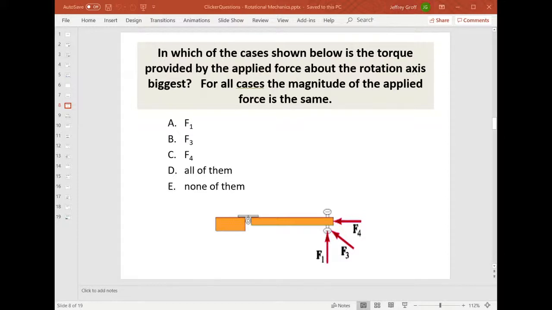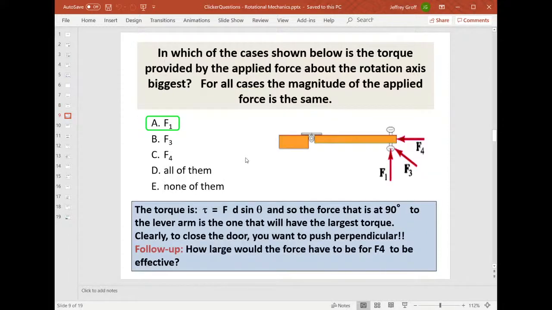Well, I got only 3 votes, but you all picked the same answer. All right, let's go on then. You all picked A, F1. So yes, F1 is going to result in the greatest lever arm because the force is exerted perpendicular to the door. One of these will give you 0 torque, F4.